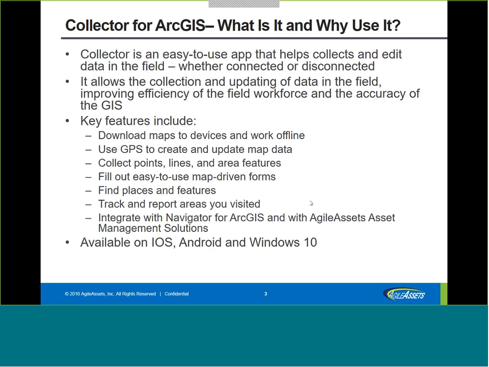Collector is a very nice application from Esri, which gives you the capability of having some of your GIS data online and offline, with the GPS on your device right there. You can collect points, lines, and areas, fill out forms, and find and search for things. We think it's a really useful app, and that's why we're having this talk today about how you can use it with our system as well.